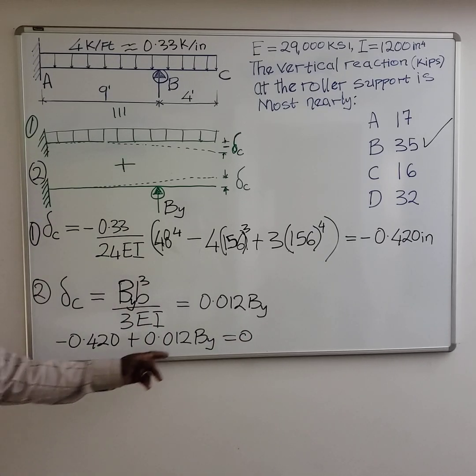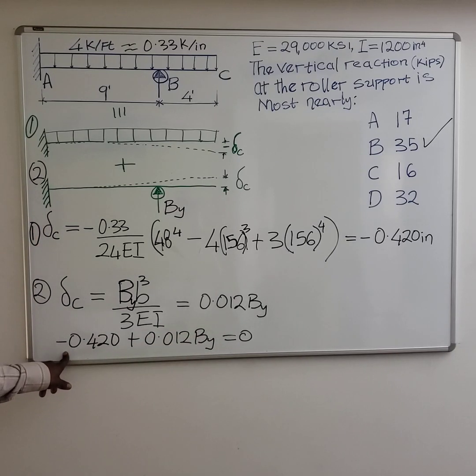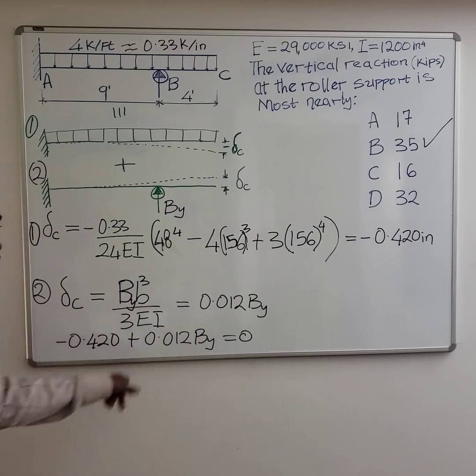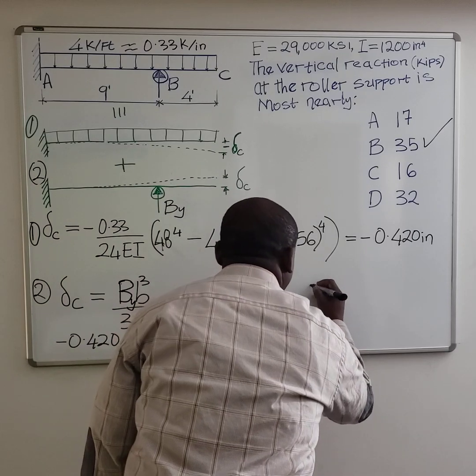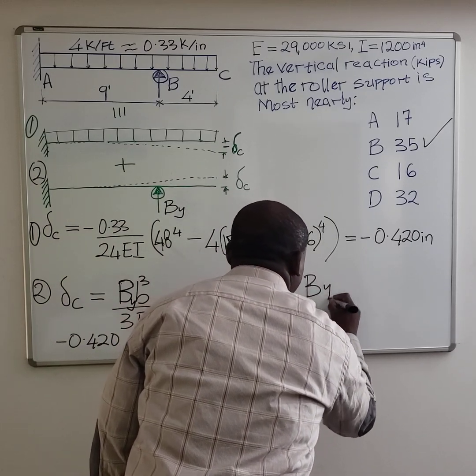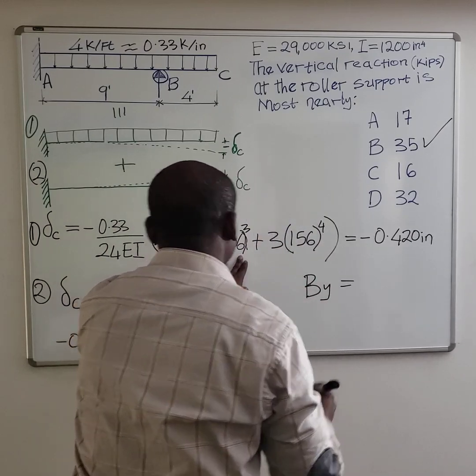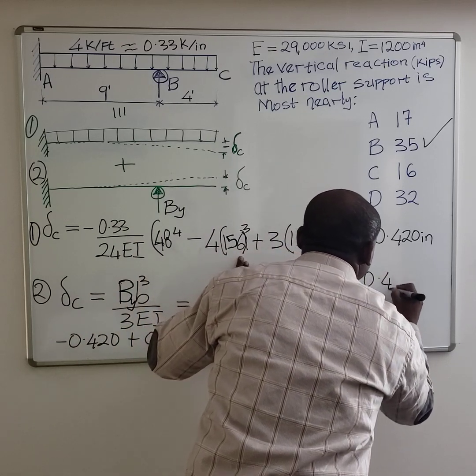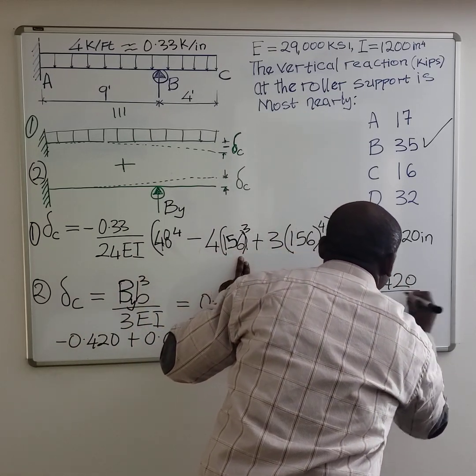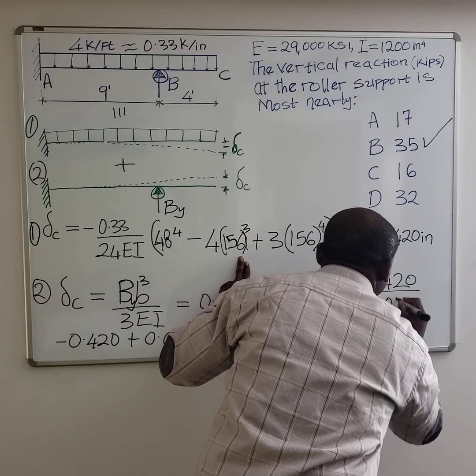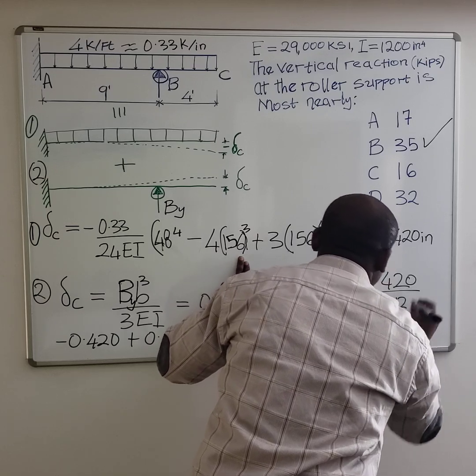If you do the math, take this one to the other side and it becomes positive, and then you divide this by this. So your BY is going to be 0.42 divided by 0.0128.